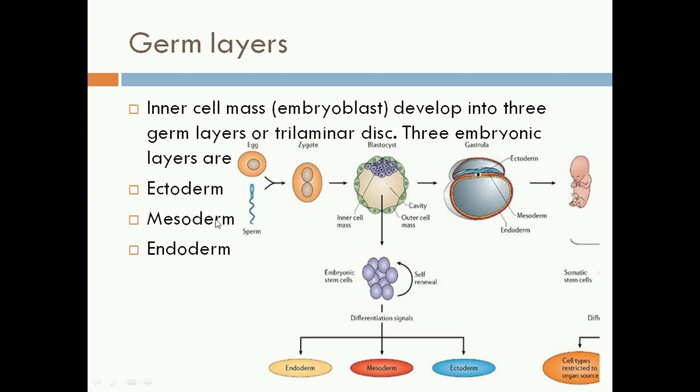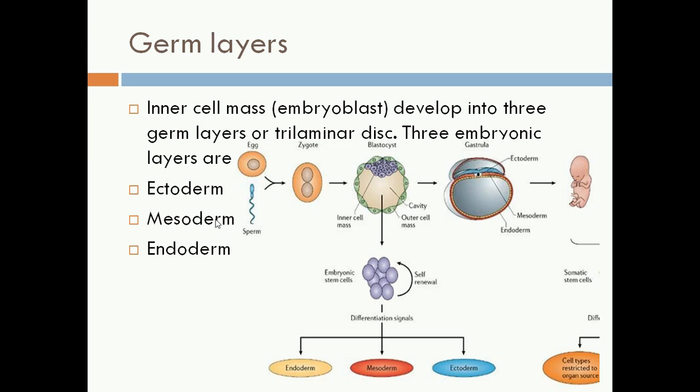I told you the outer trophoblast gets divided into two: the extraembryonic mesoderm and the intraembryonic mesoderm. The extraembryonic mesoderm is concerned with the formation of placenta, umbilical cord, and the fetal membranes, while the intraembryonic mesoderm is concerned with the formation of the third layer, the mesodermal layer.